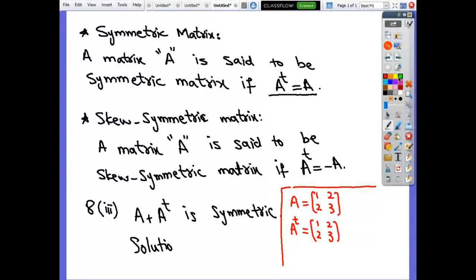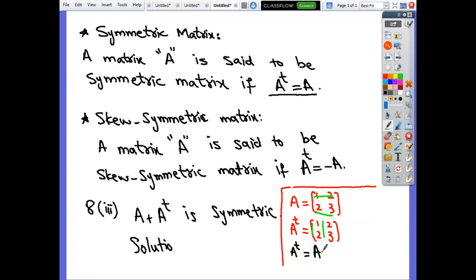Here we convert this row into this column and this row into this column. After converting the rows into columns, we see that the matrix is not changed. That is, A transpose again becomes A. Such a type of matrix is called a symmetric matrix.